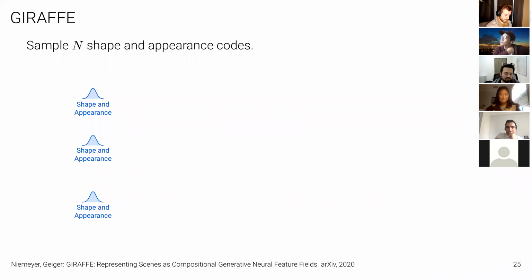Okay, so let's have a look now at a forward pass of our GIRAFFE model. Here, the idea is that instead of having one shape and appearance code, we sample n shape and appearance codes, one for each object.